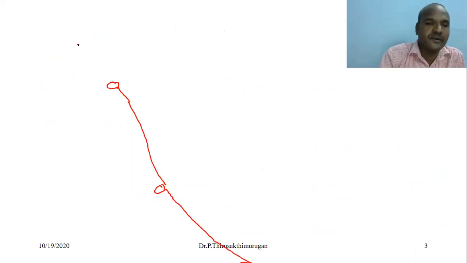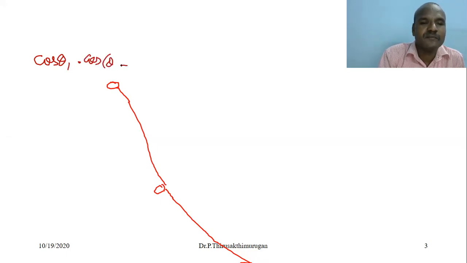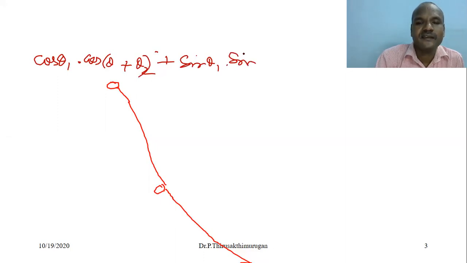Say for example, what is the common term? After taking the common term, what we are getting is cos theta 1 into cos of theta 1 plus theta 2, plus sin theta 1 into sin of theta 1 plus theta 2.